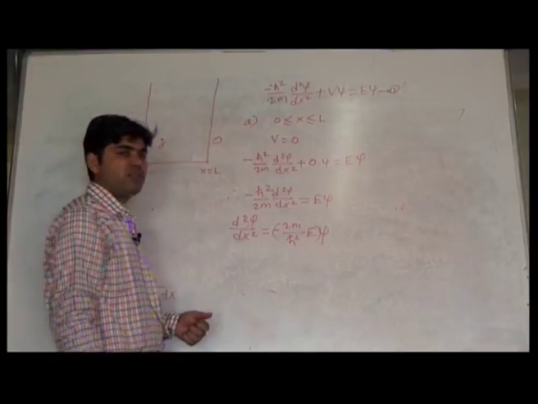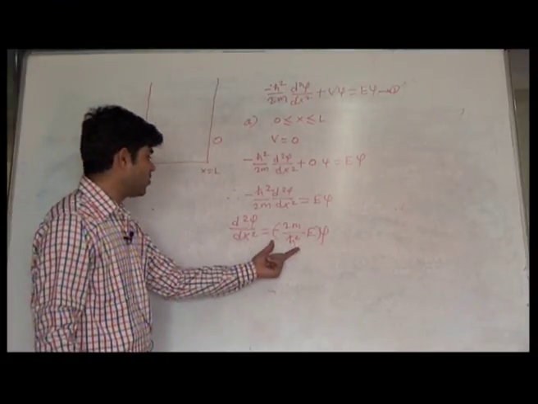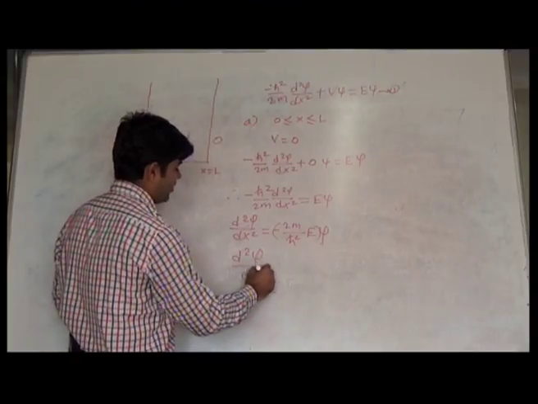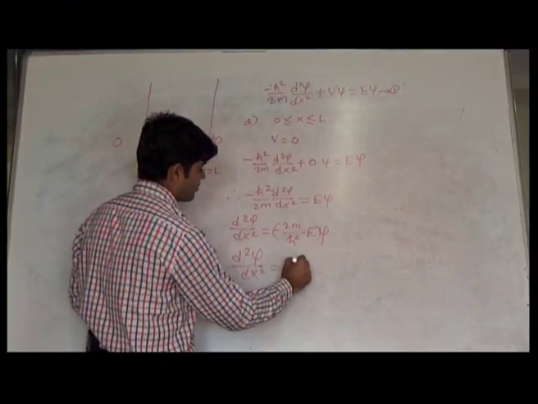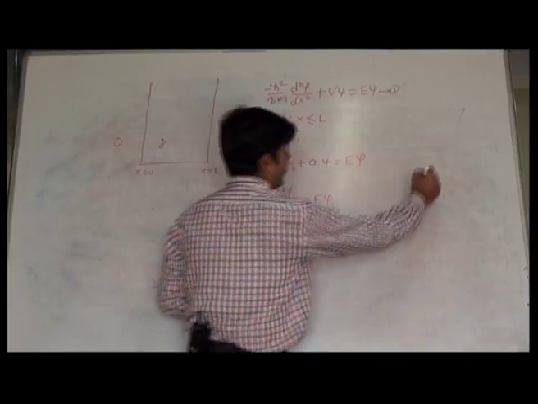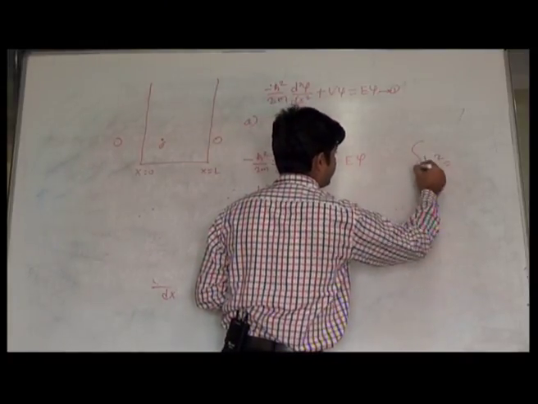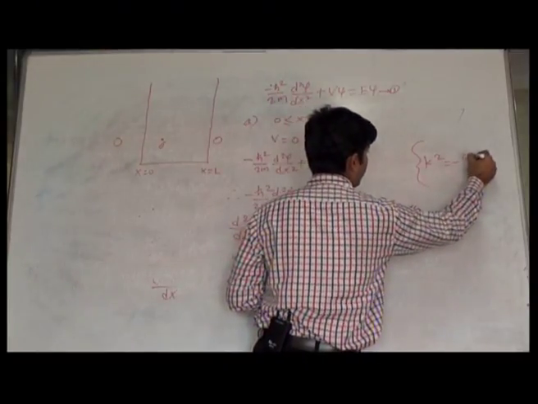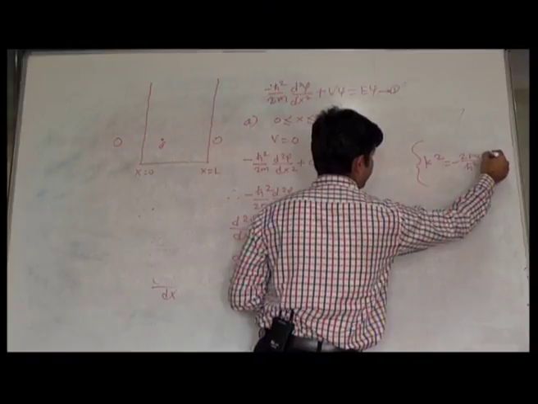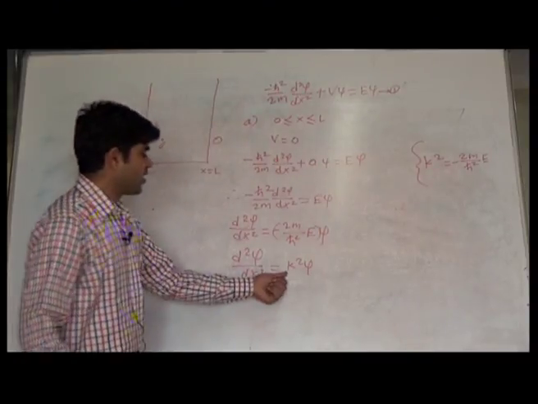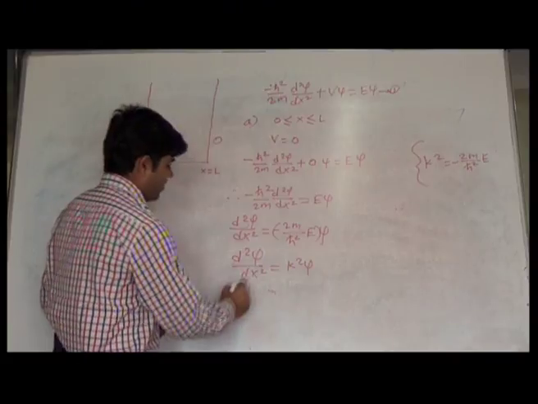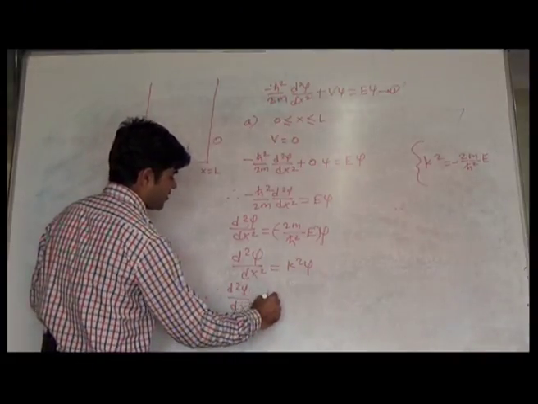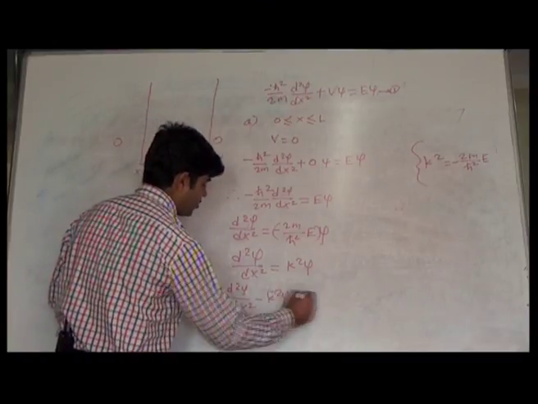This whole value is equal to some constant, and that constant is k square. So, this equation becomes d square psi upon dx square is equal to k square psi, where k square is equal to minus 2m upon h cross square into E. Finally, d square psi upon dx square minus k square psi is equal to 0.